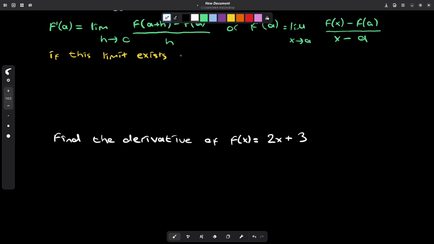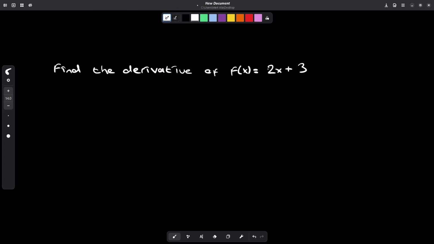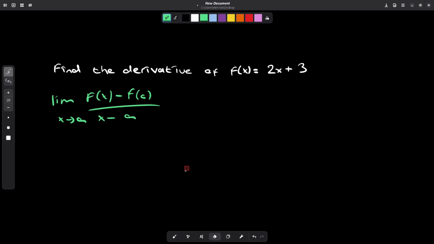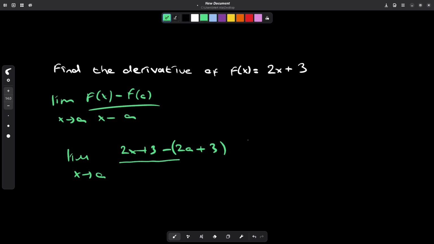Now with these limit formulas, let's find the derivative of f(x) equals 2x plus 3. It doesn't matter which one you use. I want to use (f(x) minus f(a)) over (x minus a) as x approaches a. f(x) is 2x plus 3, minus (2a plus 3), over x minus a, right?